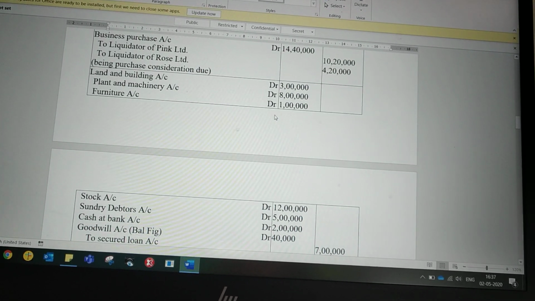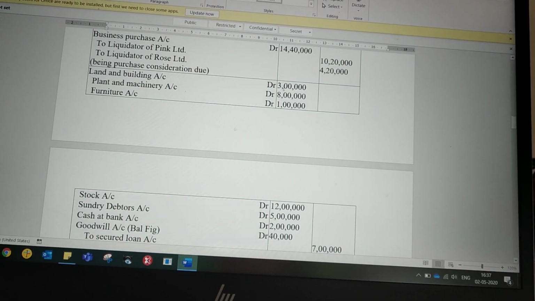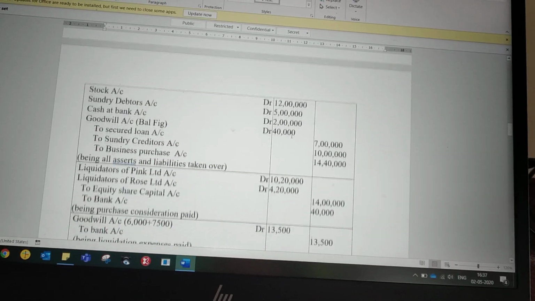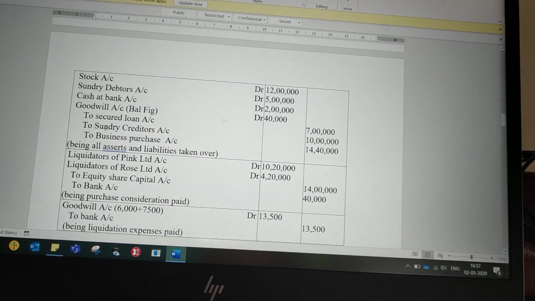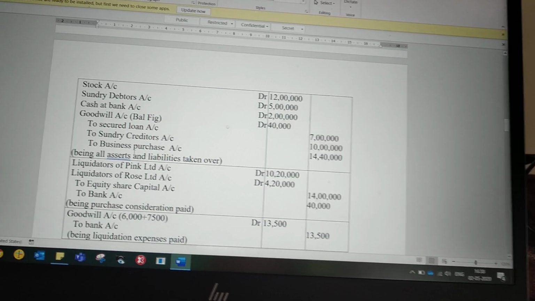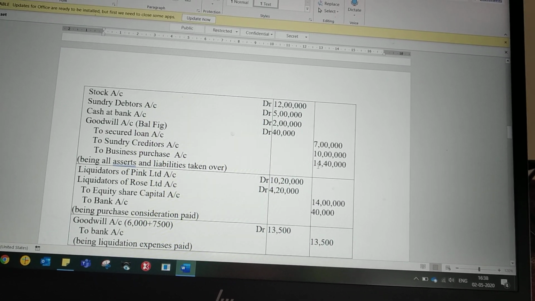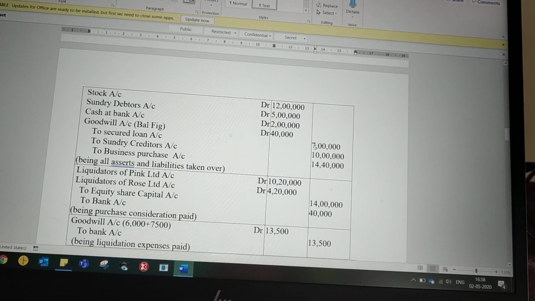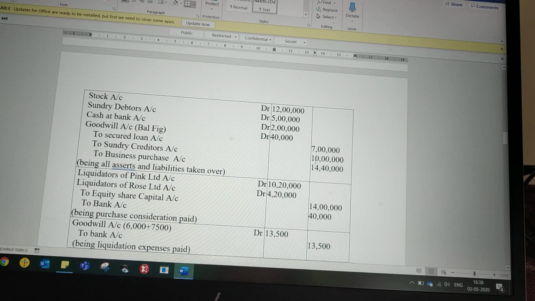So these are all the values that will be debited. Both the values, Rose and Pink Limited, have to be added. And finally, all the liabilities are credited: secured loans, sundry creditors, and the purchase value, 14 lakh 40,000, 7 lakh secured loan, sundry creditors 10 lakh.